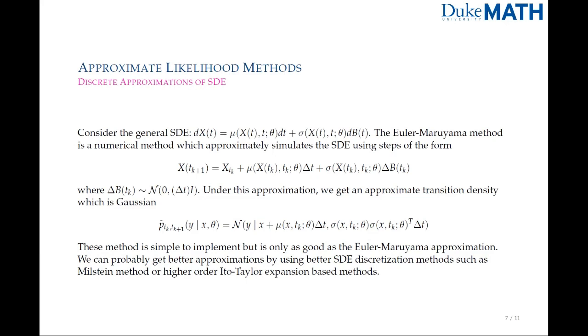So under this approximation, we can get an approximate transition density, which is Gaussian, and it has this form over here.